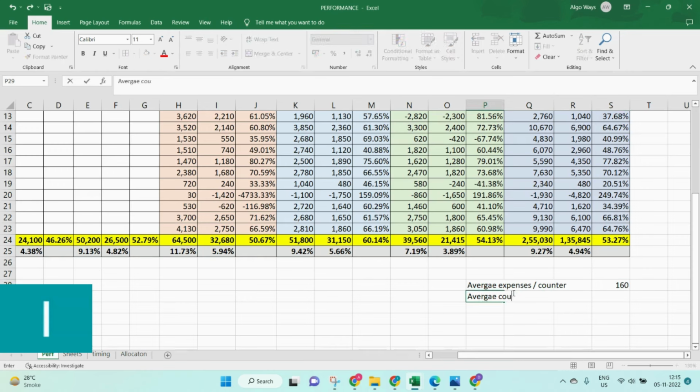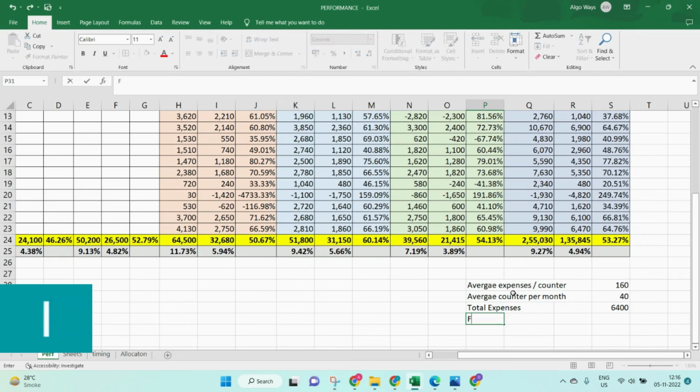Average counters per month: I said 2 counters per day, into, let us take 20 days, so 40 counters. So total expenses will be 40 counters into 160 rupees, which is 6,400 rupees for one strategy.